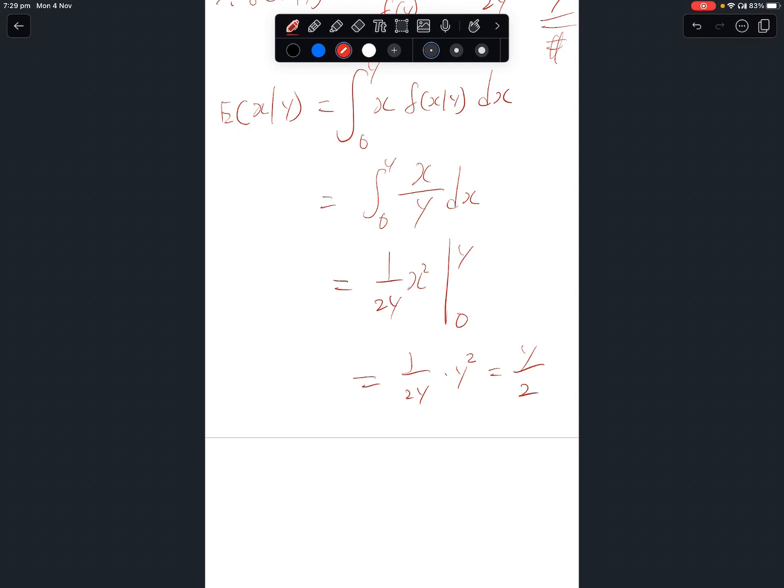These problems help us understand joint distribution, conditional probability and expectation, which are fundamental concepts in statistics. By breaking down each part and working through it step by step, you can see how these calculations give insight into the relation between the random variables.